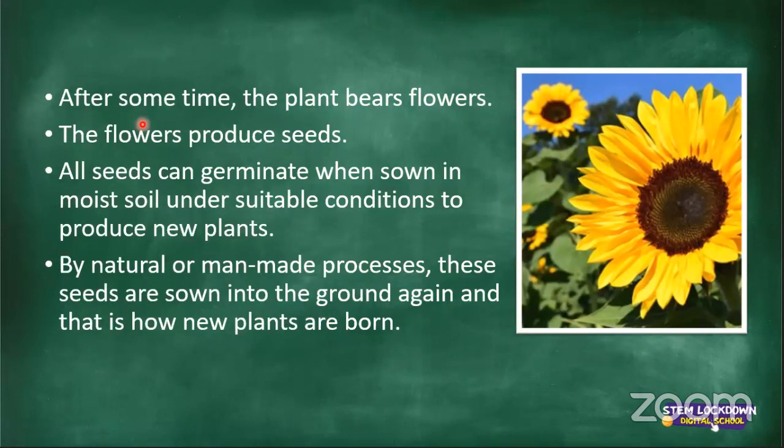Okay, that is how new plants are born. Or if man-made process, with that I mean if you actually go buy the seeds and you plant them in the ground.